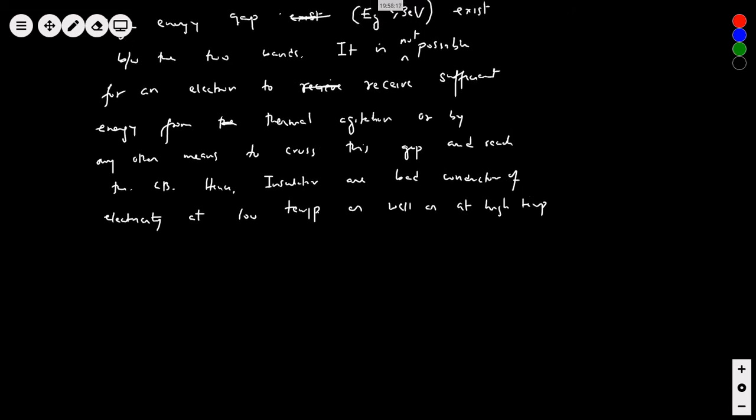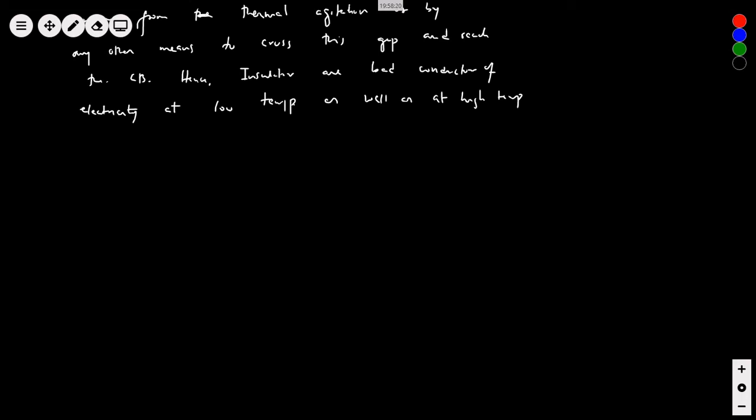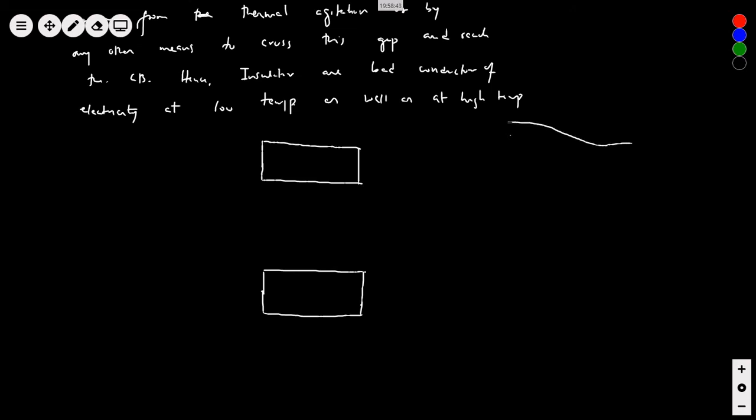So I'll show you the band structure here, the band diagram. As you can see, the conduction band is empty, and the forbidden energy gap between the valence band and conduction band is very large. If you know the diagram which I have shown you, the diagram was something like this. So it went like this, no?